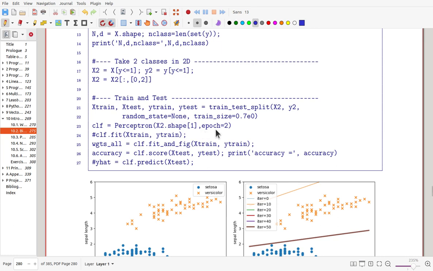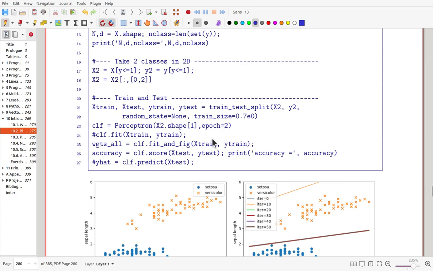We chose epoch as 2. The perceptron updates the weights for each single data point, so the number of iterations is the same as the number of points. So epoch means going through the whole data set twice.